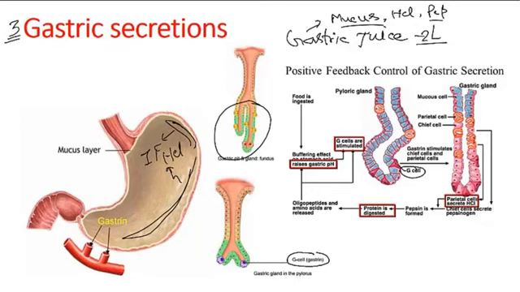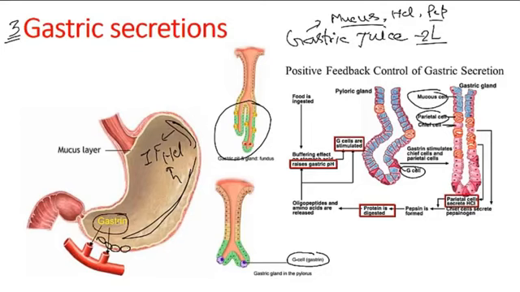There are also chief cells, there are parietal cells, there are mucus cells. Different cells are present, and some of those cells are known as enteroendocrine cells. Those enteroendocrine cells are mainly present in the pylorus region, and they start releasing gastrin.